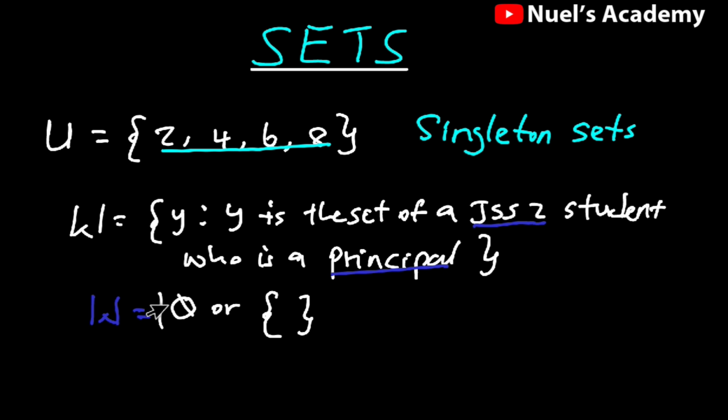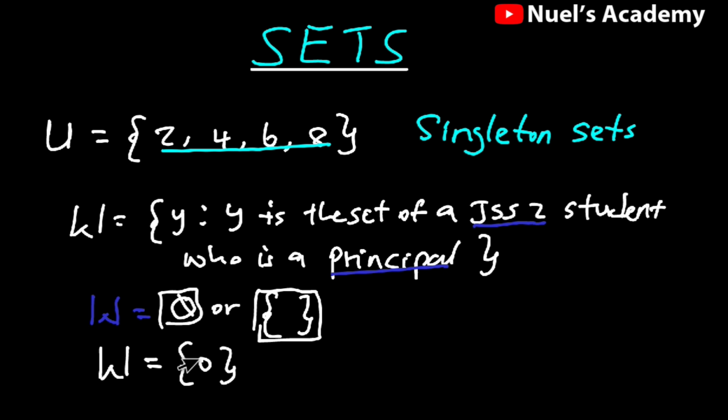So you either go with this or you go with this. Also take note that this is not an empty set, because this 0 is an element, alright. So this is not an empty set. This or this is what you can use to represent an empty set.